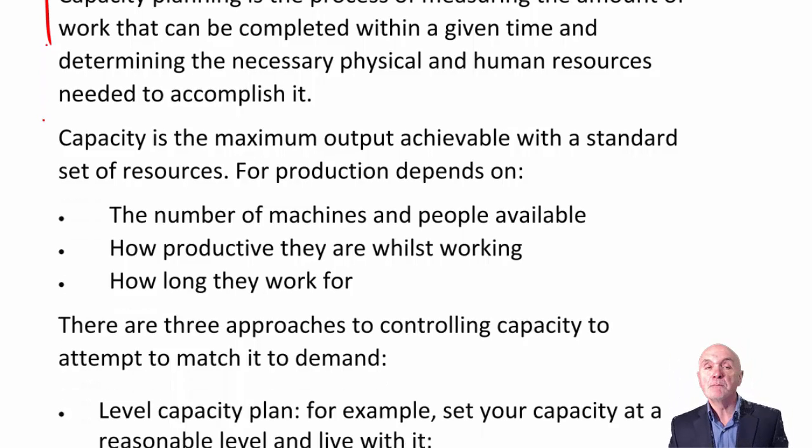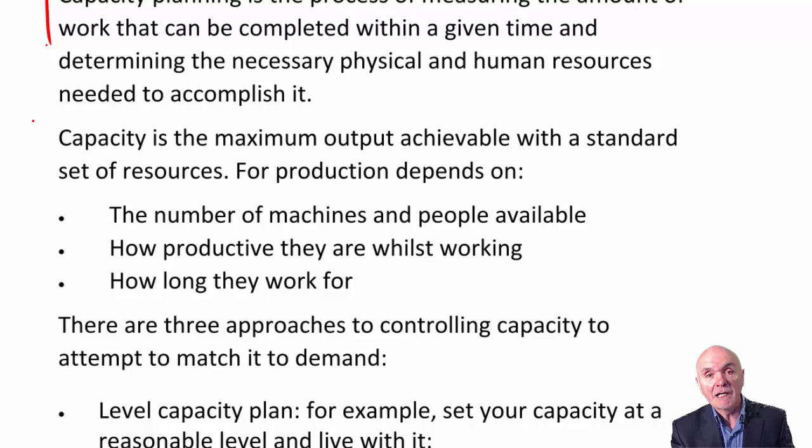The capacity is the maximum output that can be achieved with a standard set of resources. So the typical number of machines and people available, how many units they can produce in an hour, and how many hours they're going to be working in a week are what's going to determine the overall capacity.